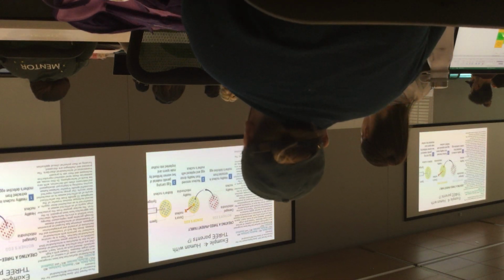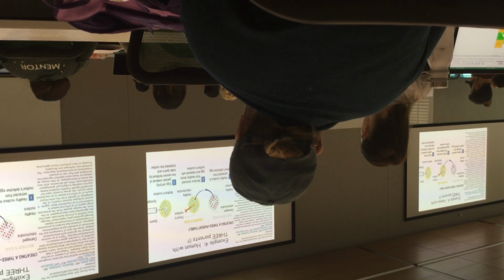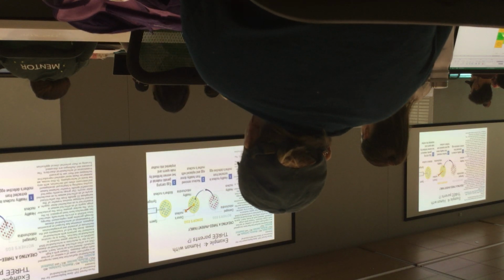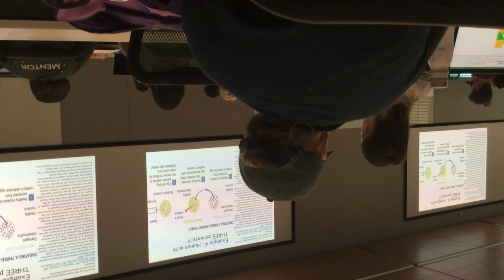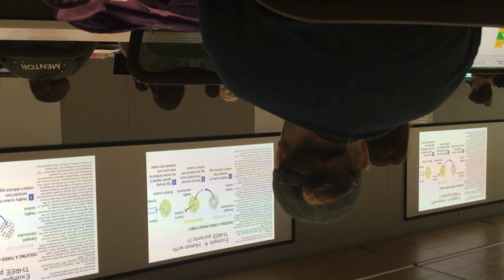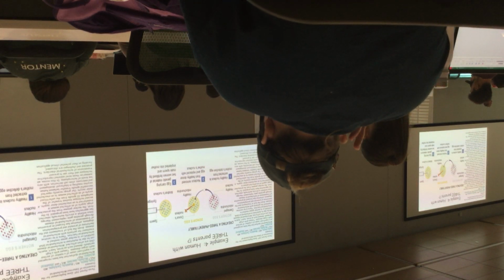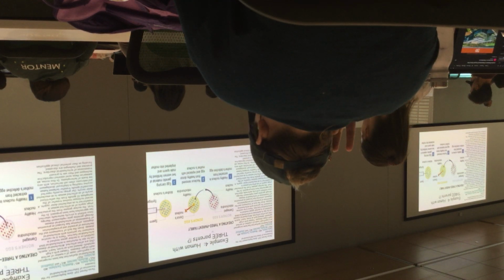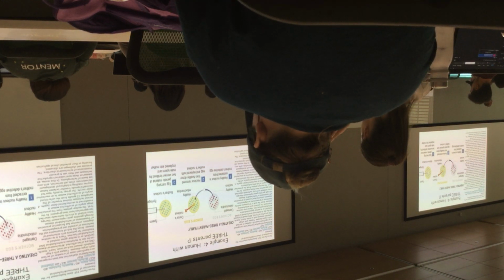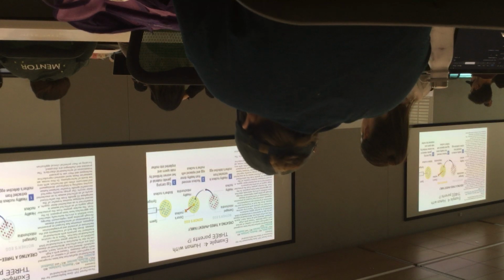You have a recipient egg where you remove the original nucleus from that egg, but instead of putting in the nucleus from the mother's oocyte, what you do is you put in the nucleus from a differentiated diploid cell. So we could have, let's say, another pathway here where we take the nucleus out of a somatic cell and we put it into this cell where the nucleus has been removed.